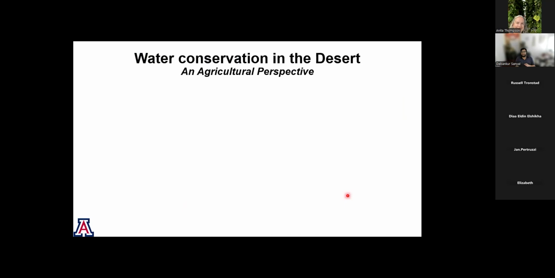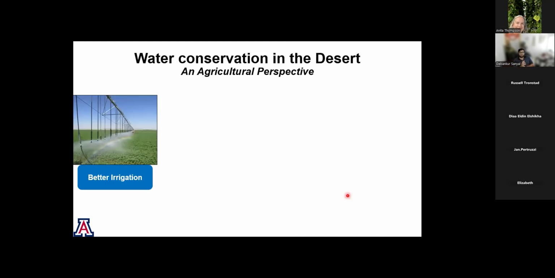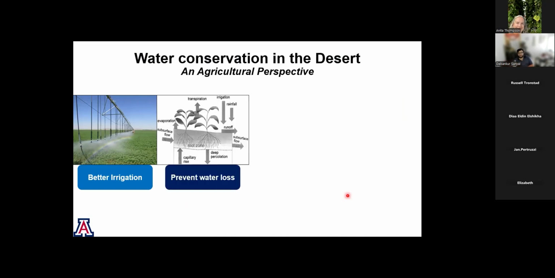Now, I'm not going to discuss any irrigation-related matter, but let me tell you this. We probably all know the main areas where you can conserve water in the desert. You need to have a better irrigation system. Then you have to find a way to prevent water loss.